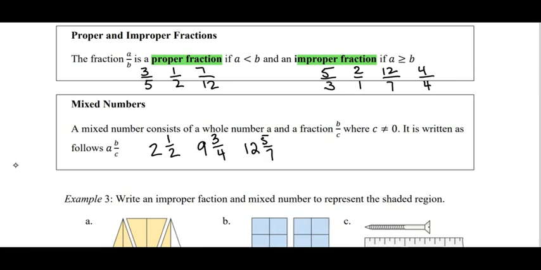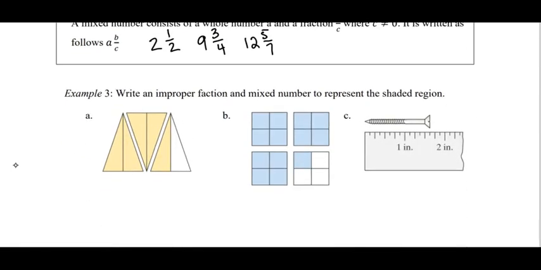So the first skill that we're going to practice is how to write the improper fraction and mixed number that represents the shaded region. In part A, we have 3 separate triangles, and each one of them is divided in 2 parts.